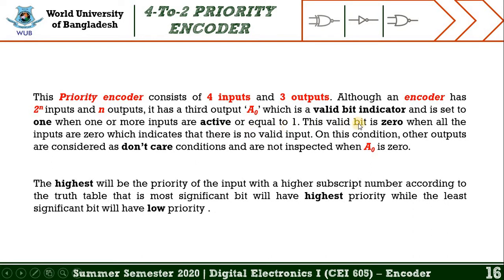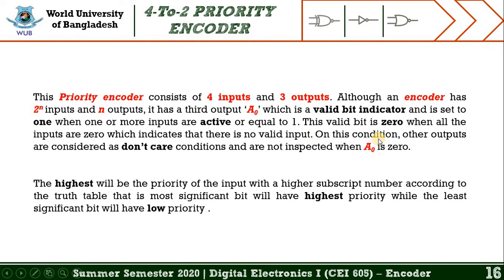Remember these things. This valid bit is 0 when all the inputs are 0, which indicates that there is no valid input.